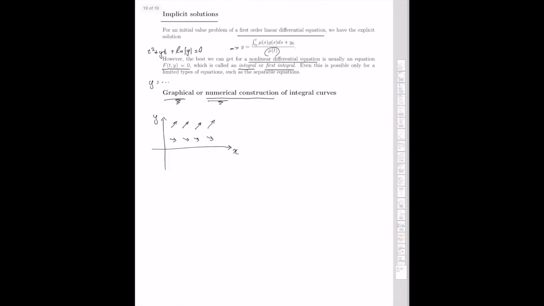We already covered how to draw the direction field, where we had x on one axis and y on the other, and we could draw these arrows showing the derivative of y with respect to x and so on, right? You should remember this from our very beginning examples.